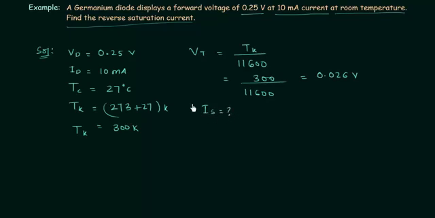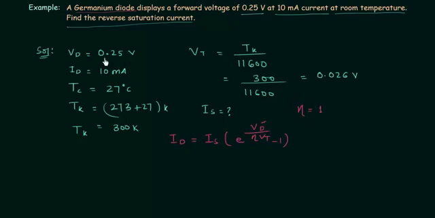The formula is Id equals Is in bracket e raised to power Vd divided by eta Vt minus 1. Eta is equal to 1 because we have a germanium diode.